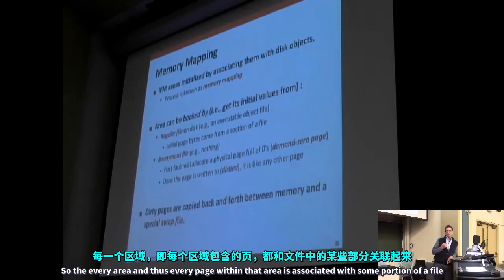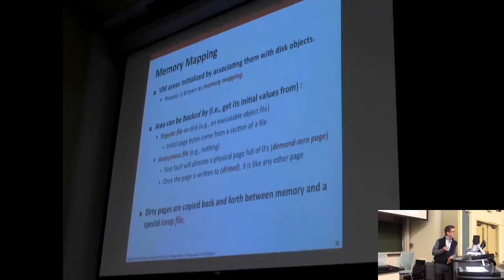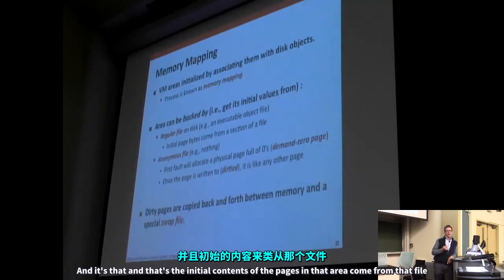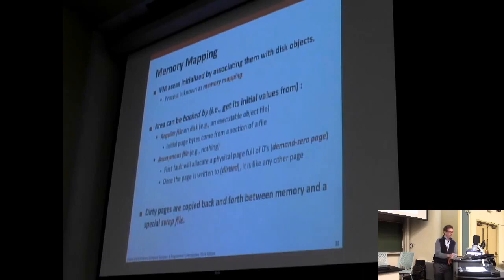Every area, and thus every page within that area, is associated with some portion of a file, and the initial contents of the pages in that area come from that file.